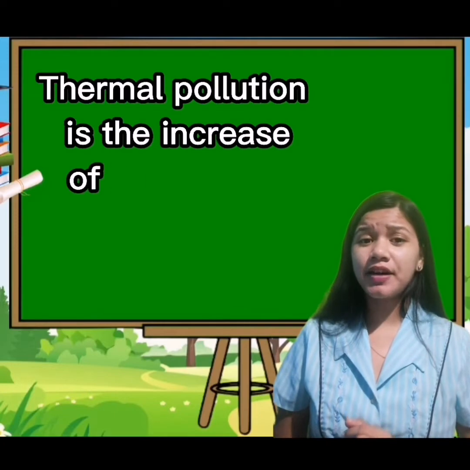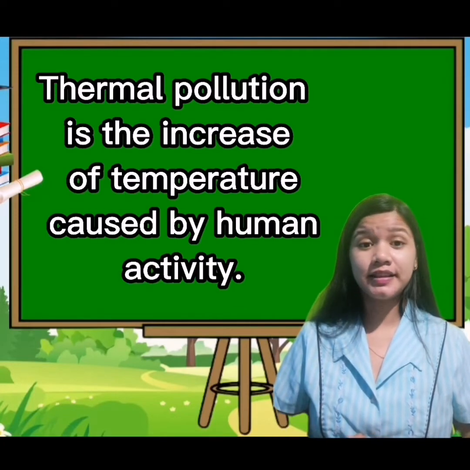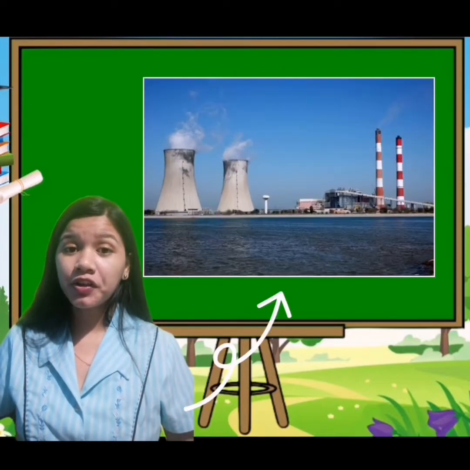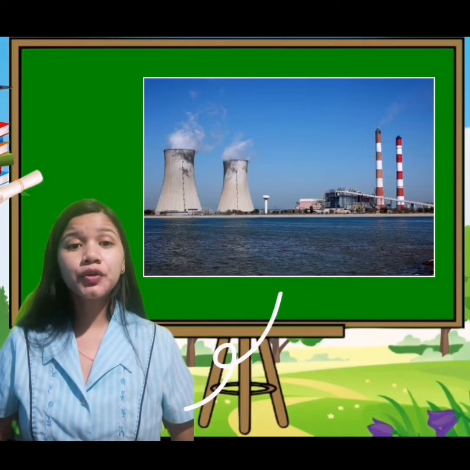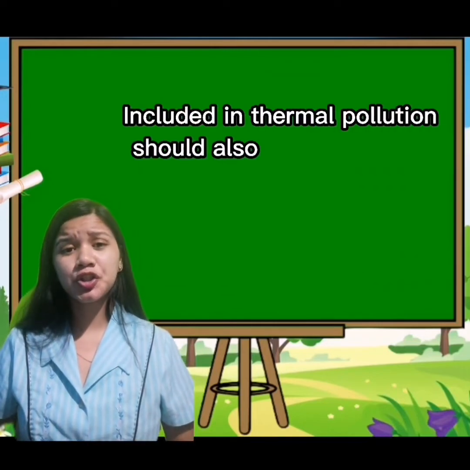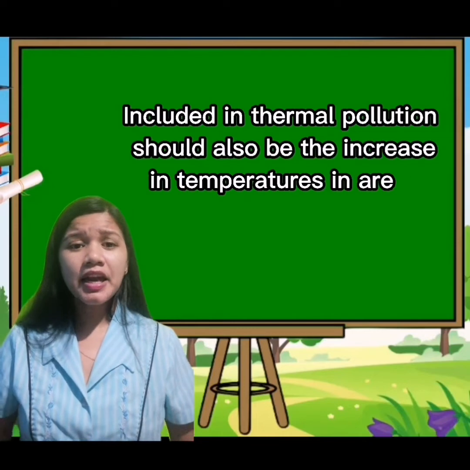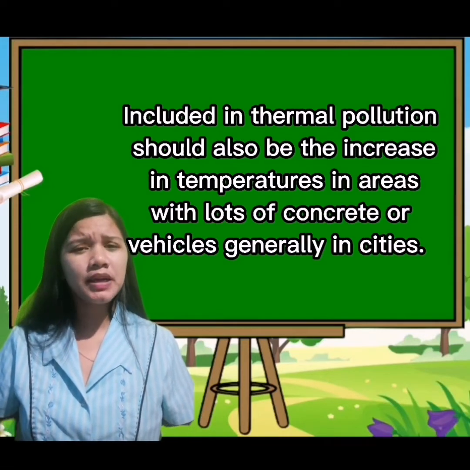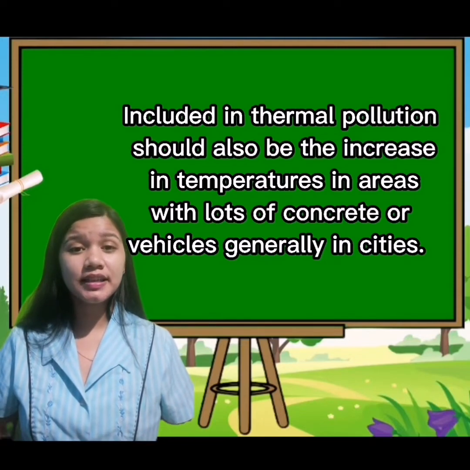Fourth type of pollution is thermal pollution. Thermal pollution is the increase of temperature caused by human activity. Examples of these are warmer lake water from nearby manufacturing, using cool water to cool the plant and then pumping it back into the lake. Included in thermal pollution should also be the increase in temperature in areas with lots of concrete or big hills, generally in cities.